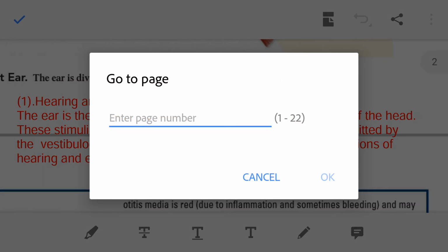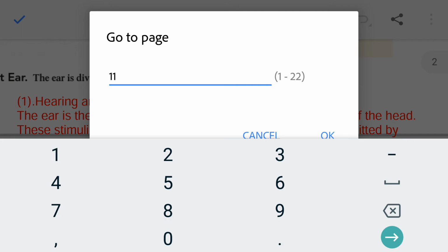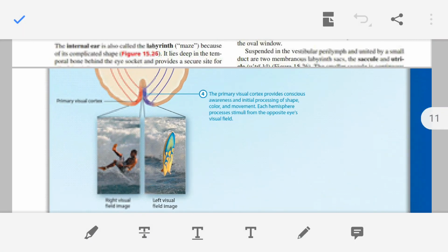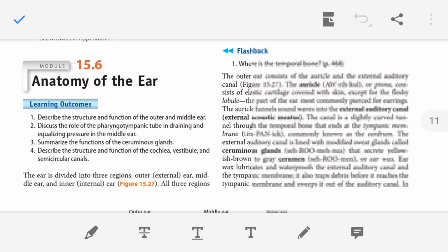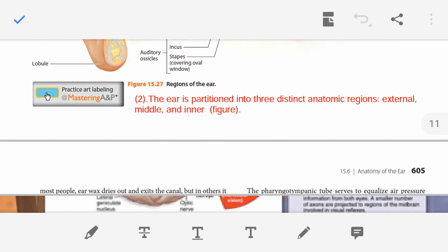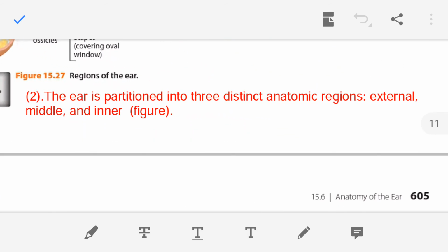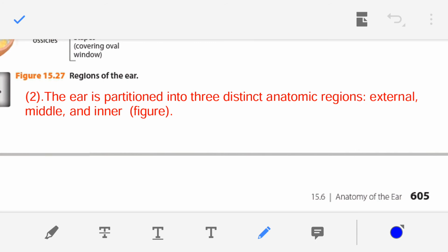Now the second point. The ear is partitioned into three distinct anatomic regions.